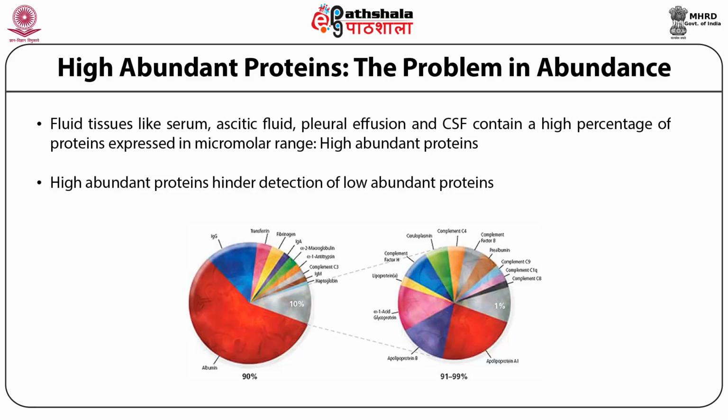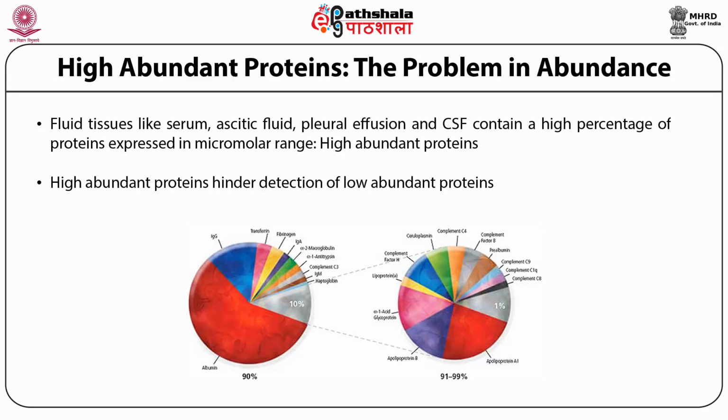What are some of the high abundant proteins in these fluids? You have albumin, immunoglobulins, transferrin, fibrinogen, alpha-2 macroglobulin, alpha-1 antitrypsin, complement and haptoglobin. And in the moderately abundant protein category, you could have apolipoproteins, alpha-1 acid glycoprotein, lipoproteins, complement factors, ceruloplasmin, and other complement factors.